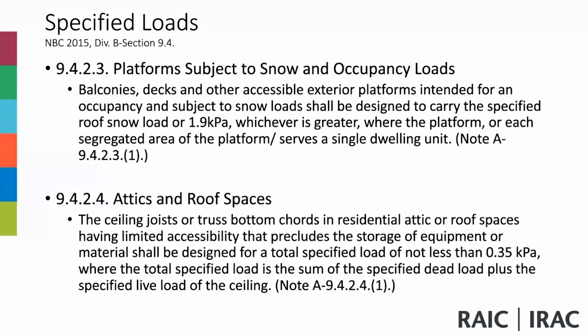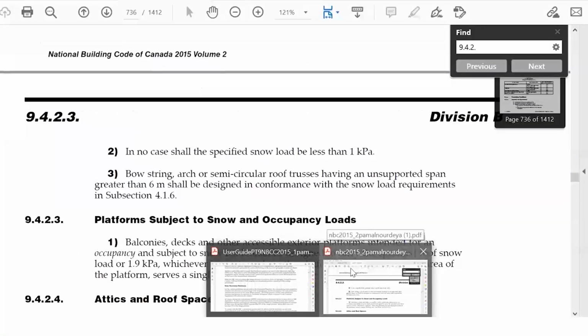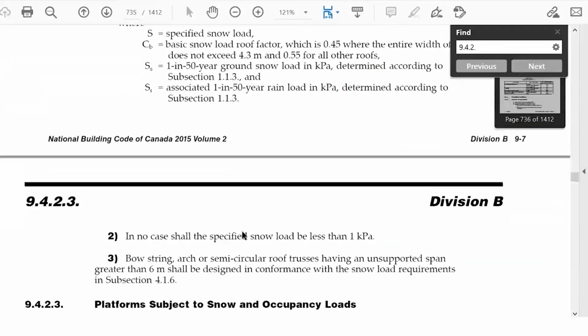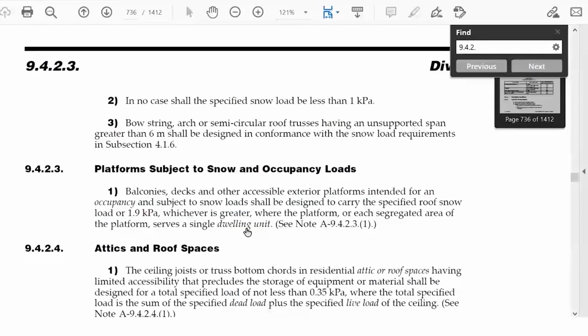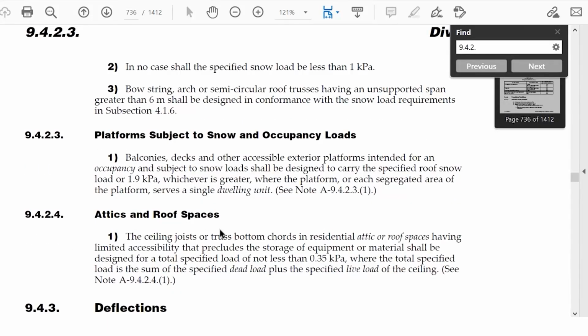So if we go here into our requirements, we've got specific conditions where we don't use the formulas, but we use the lesser of the calculated or the 1.9 for platforms. And for attic and roof spaces where you don't have storage of equipment or material, use the specified load of not less than 0.5 kPa. It's only for residential attics and roof spaces.